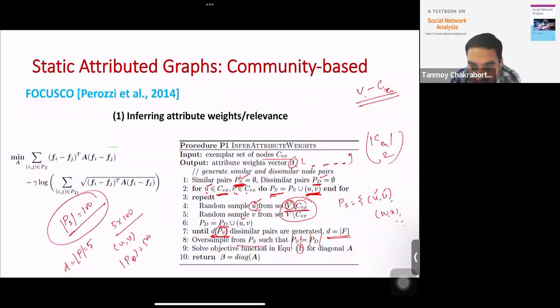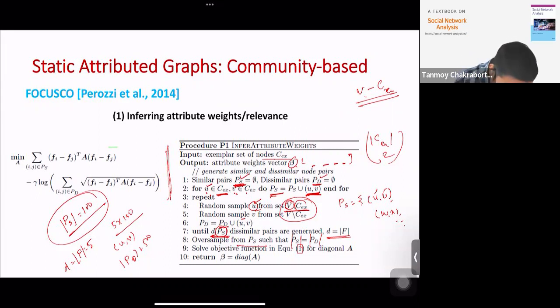So now you have two sets: similar pairs and unknown pairs, right? And then what you do, you optimize this function. This is called the Mahalanobis distance. The Mahalanobis distance is one of the distance measures between two distributions generally.